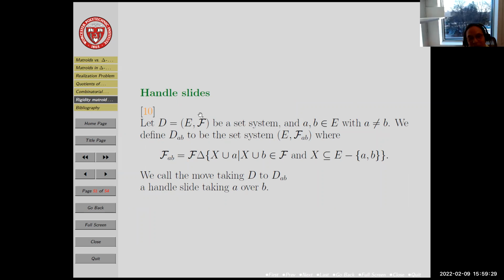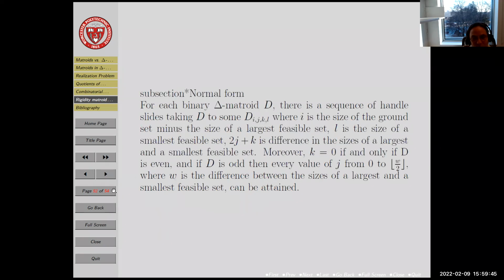Right. So handle slides are something that is known in the world of ribbon graphs, and they are intimately connected to the study of surfaces. So we want to look at a normal form in terms of these handle slides, because handle slides in the original sense were only defined for really adjacent sets of things.